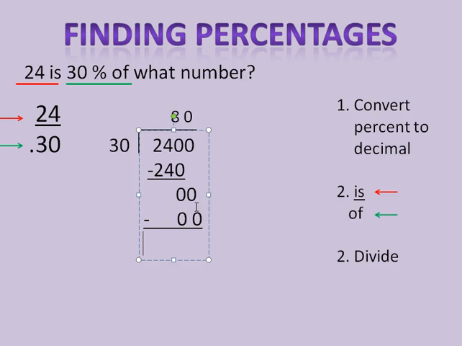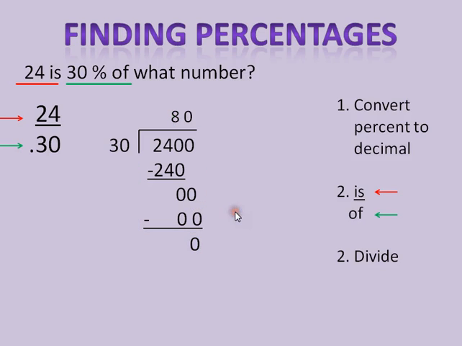And I subtract them, and guess what? 0 minus 0 equals 0. We don't need that underline, so we'll get rid of it.